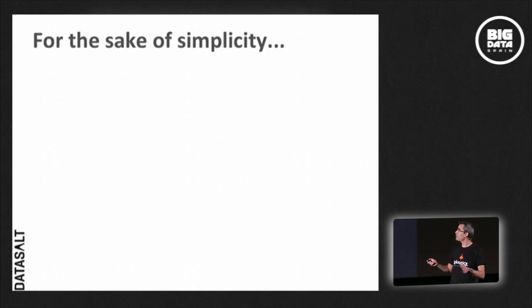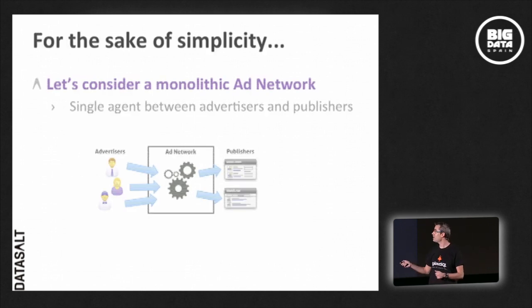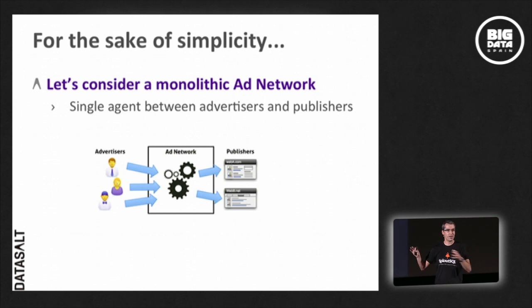So for this reason, we are going to simplify, and we're just going to consider that we have just one agent between advertisers and publishers. So at the end, the ad network is a place where advertisers go, create their campaigns, and it is the place where publishers go to subscribe to publish ads on their platforms.